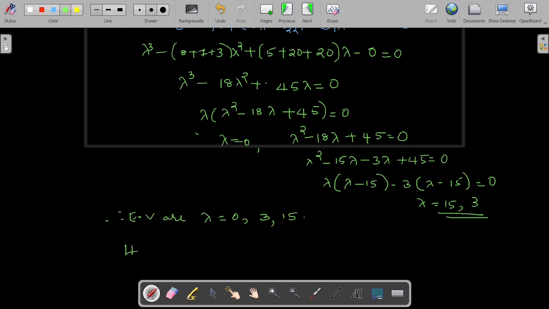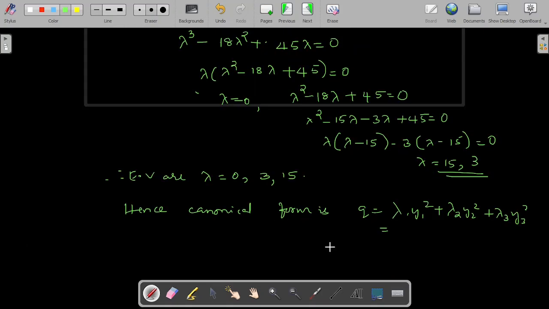Hence, the canonical form of the given quadratic form is Q equal to lambda 1 y1 square plus lambda 2 y2 square plus lambda 3 y3 square. So lambda 1 we take as 0, lambda 2 as 3, lambda 3 as 15.